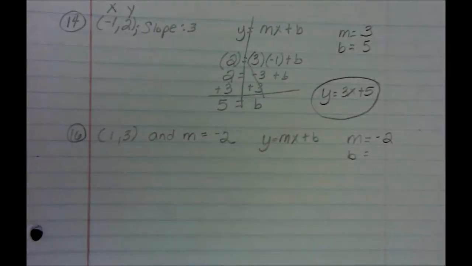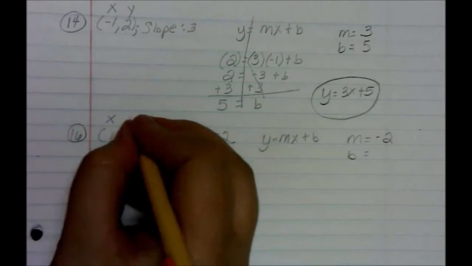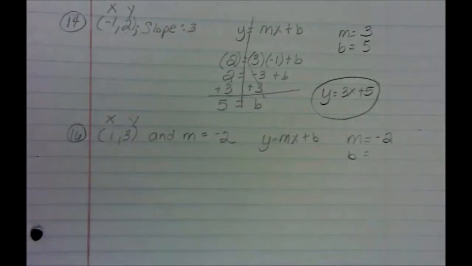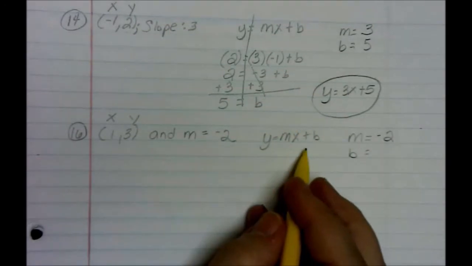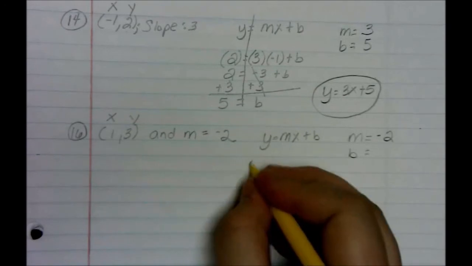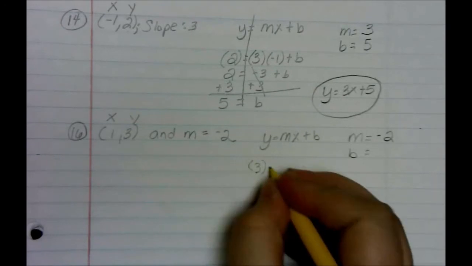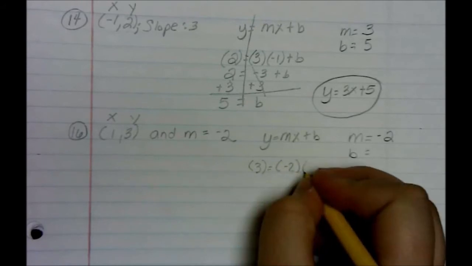This problem works the same way as number 14 did. So I'm going to identify this as my x value, and this is my y value. And then I'm going to plug all of these values into my equation y equals mx plus b. So my y is 3, my m is -2, and my x is 1.